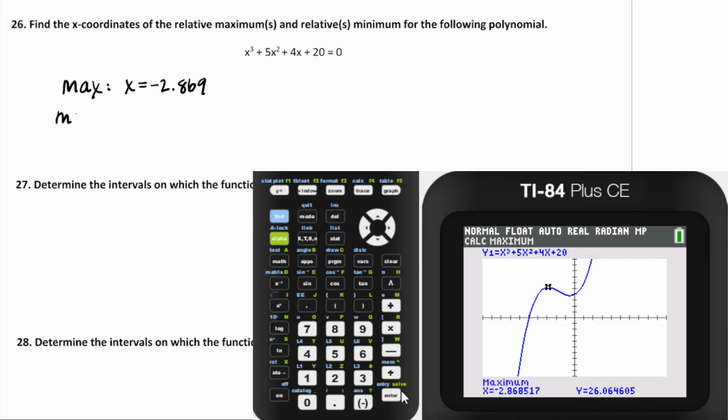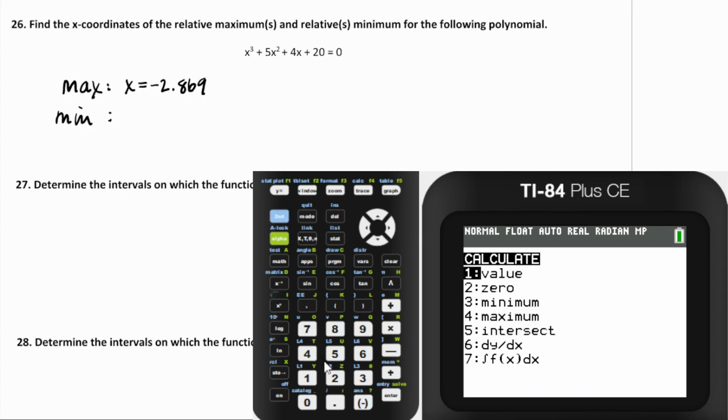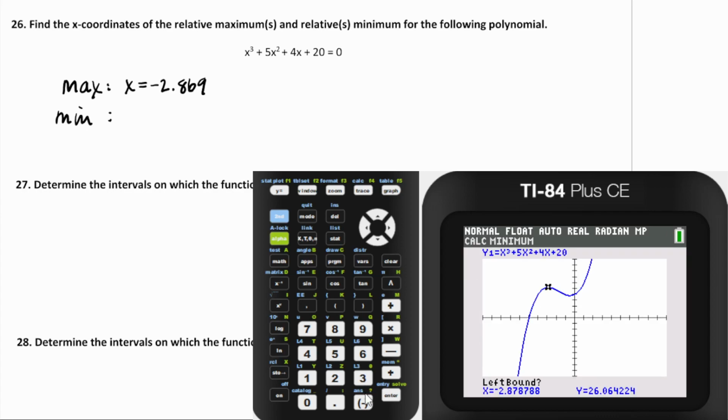And the x location of the relative minimum is going to be over here closer to 0, so I'm going to calculate a minimum. Looks like that's between -2 and 0. And that's going to be at -0.465.